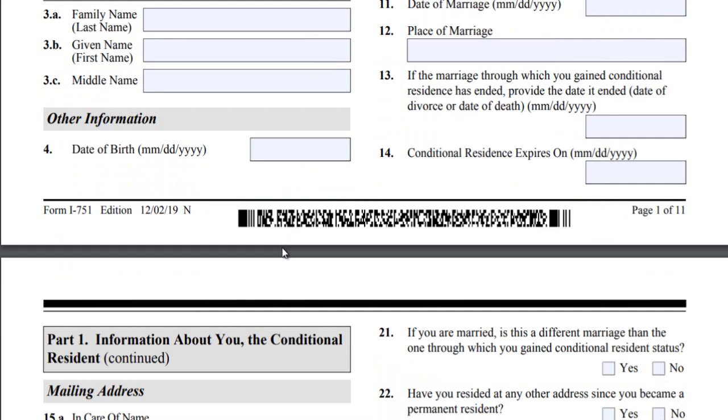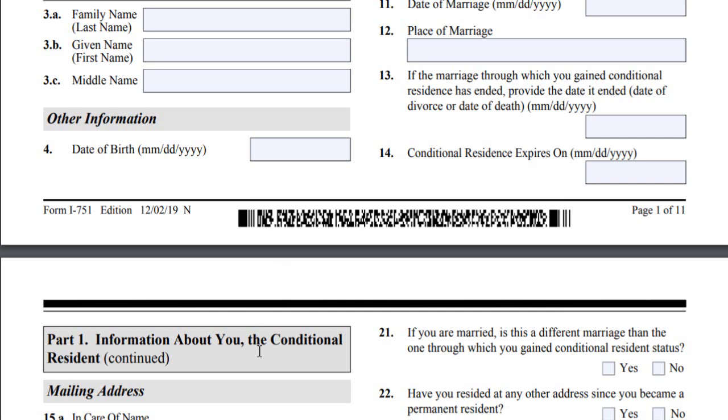And you must submit evidence of the abuse. If you're filing a waiver because of termination of status and removal will result in extreme hardship, you also must provide what I said before. But now you have to include evidence of extreme hardship.